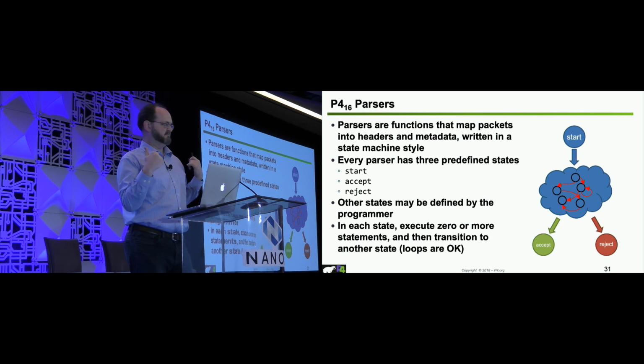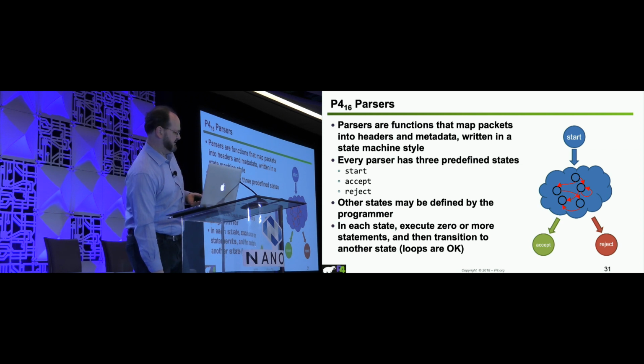And then you get to define as many other parser states as your target will let you write if you want to add more. Very often you'll have one separate parser state for each header you might want to extract from a packet. But you can actually extract multiple headers in a single parse state if you want. That's a detail.